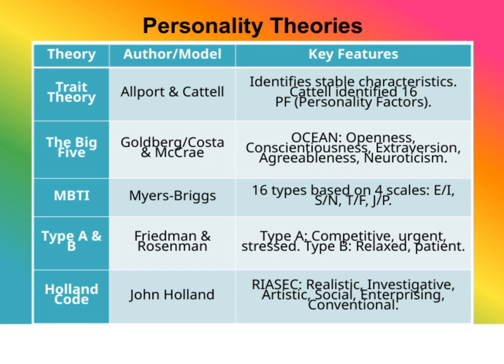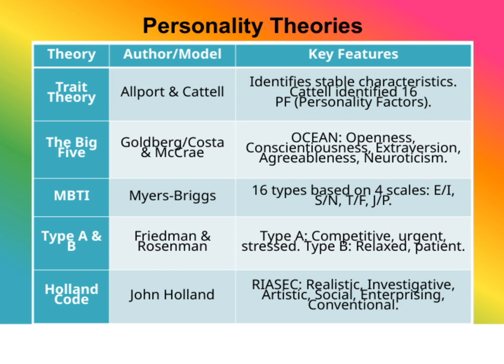It breaks personality down into 5 broad dimensions: openness, conscientiousness, extroversion, agreeableness, and neuroticism. These traits provide a useful framework for understanding how people typically think, feel, and behave. Moving on, we have the Myers-Briggs Type Indicator, or MBTI, which categorizes personalities into 16 different types.